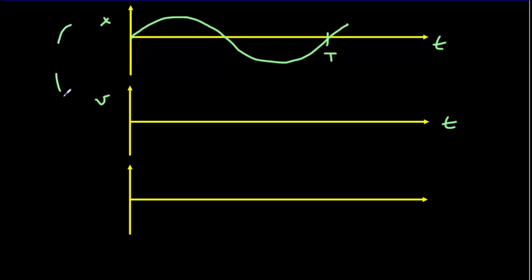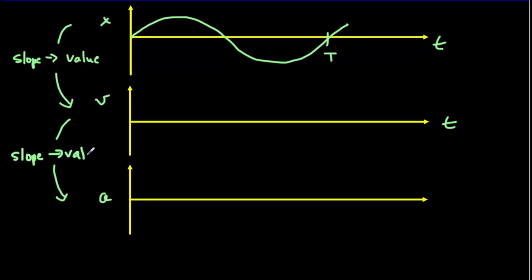As we transfer our displacements into velocities, the slope of the xt graph becomes the value on the vt graph. And then if we want to make an acceleration-time graph, we use the same principle, because we know acceleration is equal to the slope of a vt graph. So once again, we can use this idea of slope becomes value.